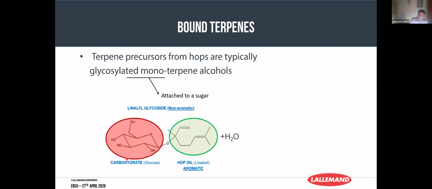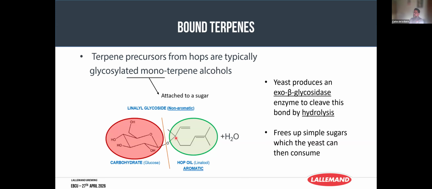On the left side of the screen, this is what the yeast actually wants, and there will be what we call a hydrolysis, where this chemical bond is cut, which is mediated by an enzyme that the yeast can express, which will free up this bound terpene, and this bound terpene will now be free.